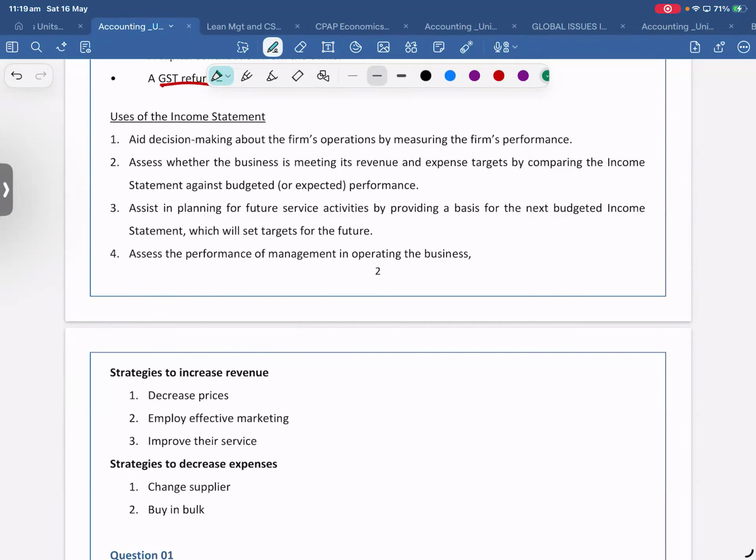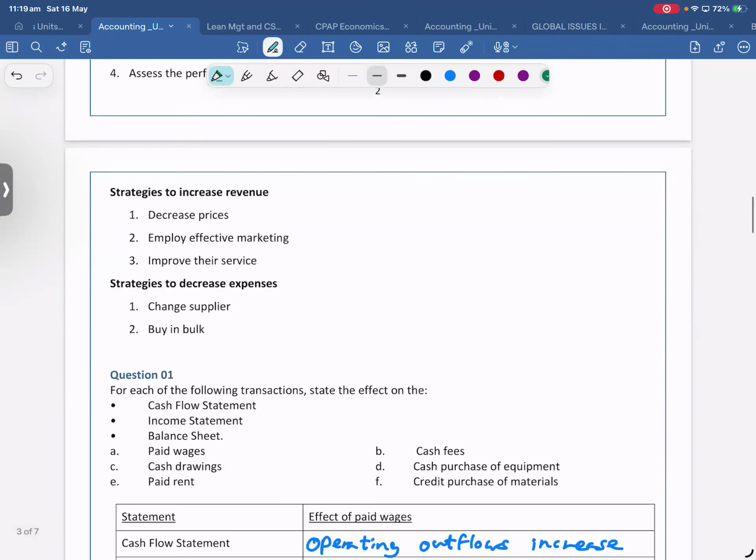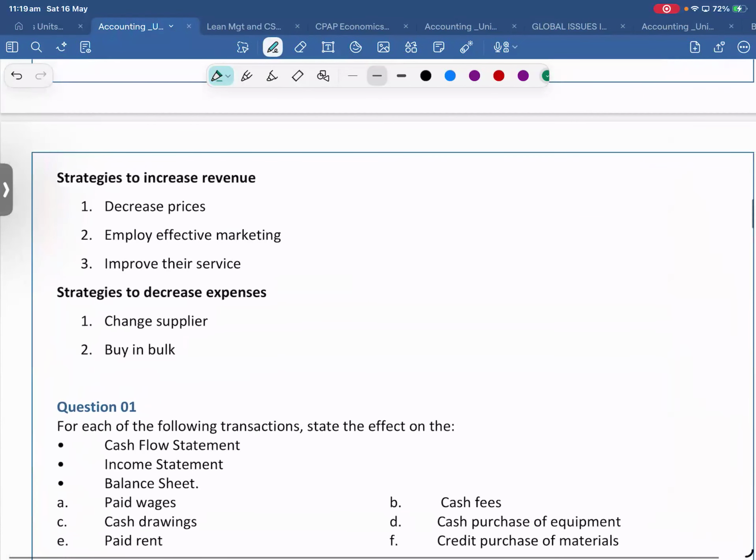Usually the performance of the management is measured from the profit. If the business is not making profit, that means the management is not worth it. Right. Then strategies to increase revenue. Usually we can say decrease prices, but sometimes it can be increasing prices as well for the products that have brand loyalty.